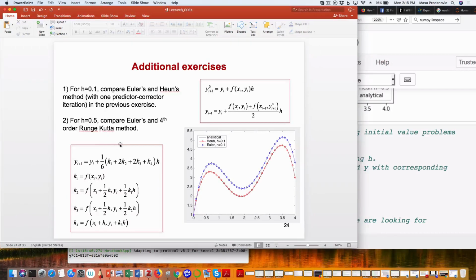So here you actually have all of the slopes you're supposed to come up with.